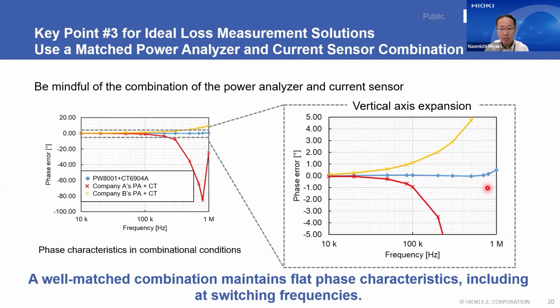So on the other hand, if you mix power analyzers and current sensors from different brands, it can introduce significant phase errors that directly impact measurement accuracy like this. So the key takeaway here is whenever possible, use a power analyzer and the current sensor that have been validated as a recommended combination.